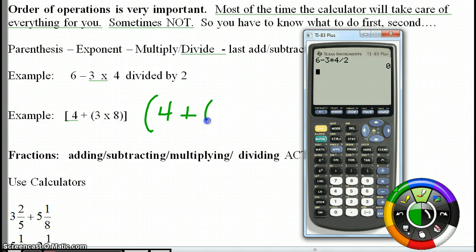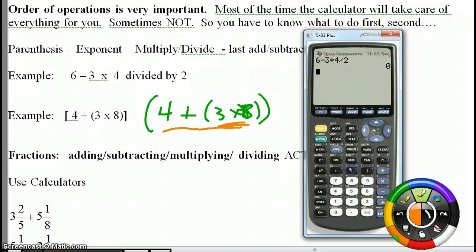In example 2, again, how should you put these in your notes? Parentheses 4 plus parentheses 3 times 8, double parentheses. What we should do first is parentheses, so we should do the inside parentheses first, and then we would add, and we can do that, but it takes us longer.